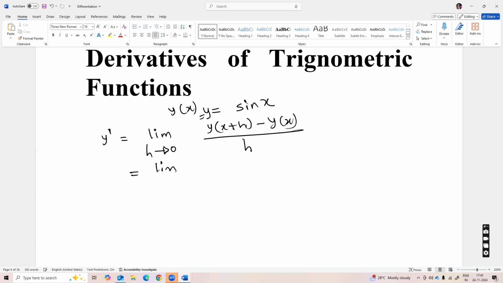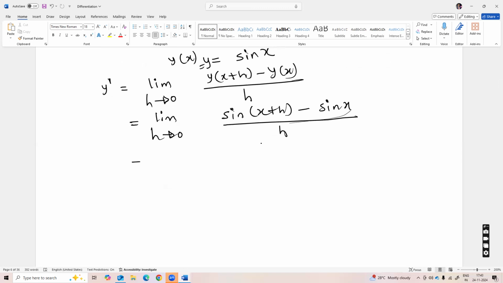So when we solve it, limit h tends to 0, instead of y we will write sin x plus h minus sin x divided by h.